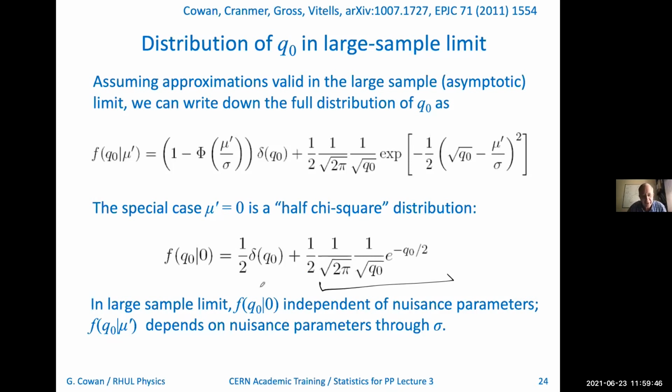All right, so that's the formula that we need to use to work out the p-value. We've also worked out in this paper up here the distribution of q0, assuming a non-zero value of mu. It's a more complicated expression, but that's what you need, for example, to assess the experimental sensitivity.